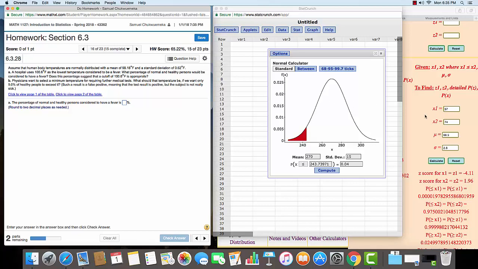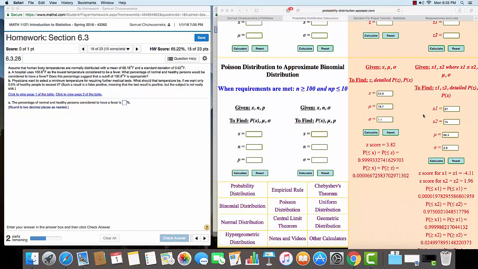Okay, my website, my calculator. Question 16. Assume that human body temperatures are normally distributed with a mean of 98.18 degrees Fahrenheit and a standard deviation of 0.62 degrees Fahrenheit. A hospital uses 100.6 degrees Fahrenheit as the lowest temperature considered to be a fever. What percentage of normal and healthy persons would be considered to have a fever?